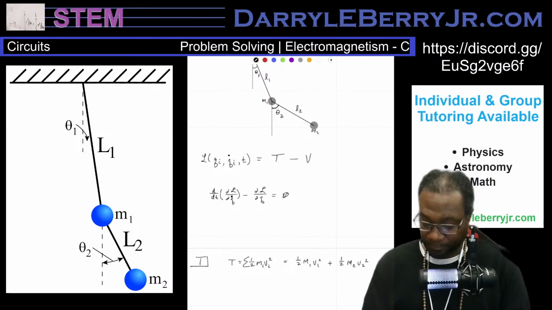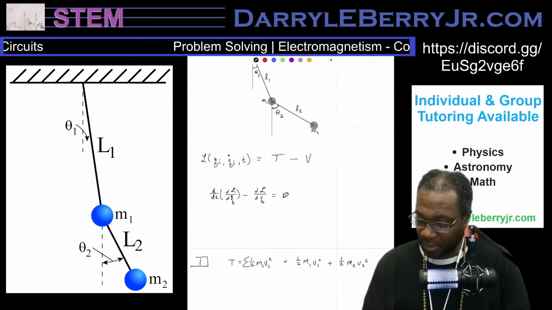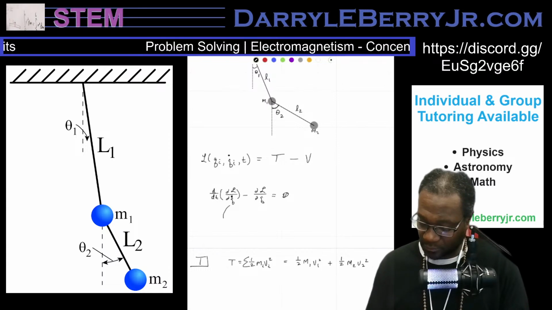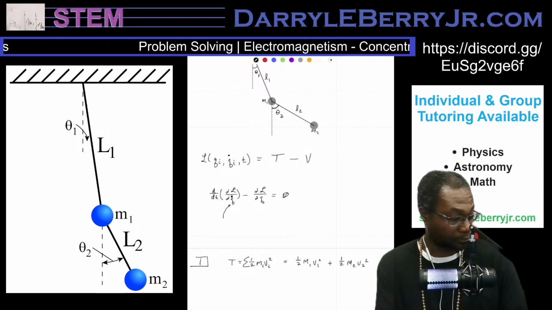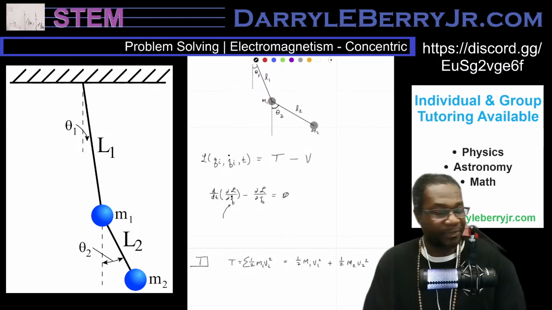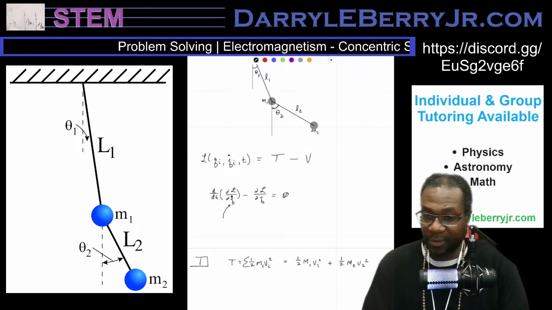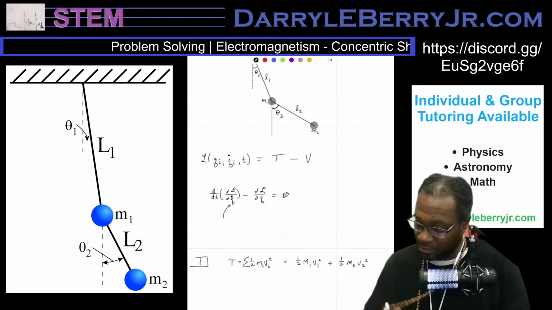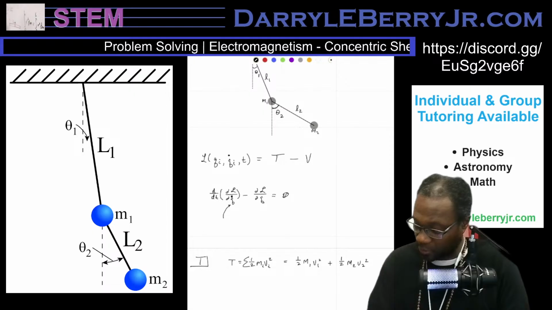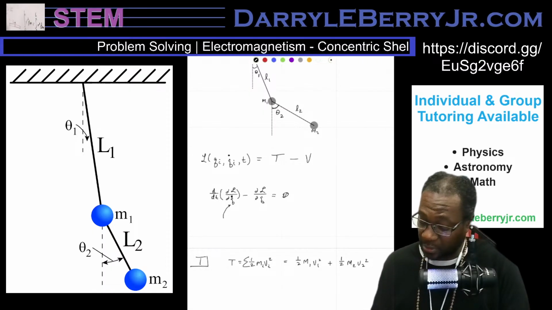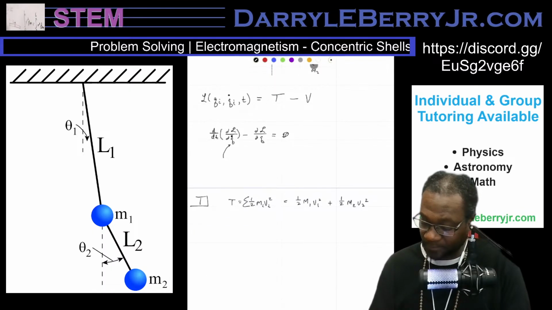Looking at this, we can simplify the problem a bit by finding some generalized coordinates, which is what Q is. So that'll allow us to put this kinetic energy and potential energy in terms that is more simple for us to resolve.